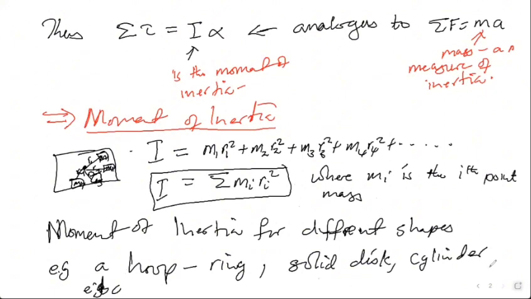So here are the expressions for the moment of inertia for different objects, e.g. a hoop. I for a hoop is equal to the mass of the object times r squared.